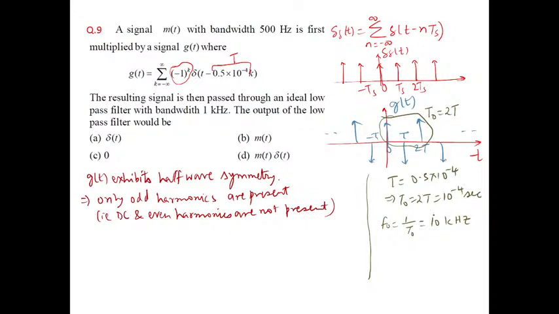So what will be the frequency components present in g(t)? The frequency components in g(t) are 10 kHz, then 30 kHz, then 50 kHz, and so on. So there won't be any DC term or even harmonic terms.